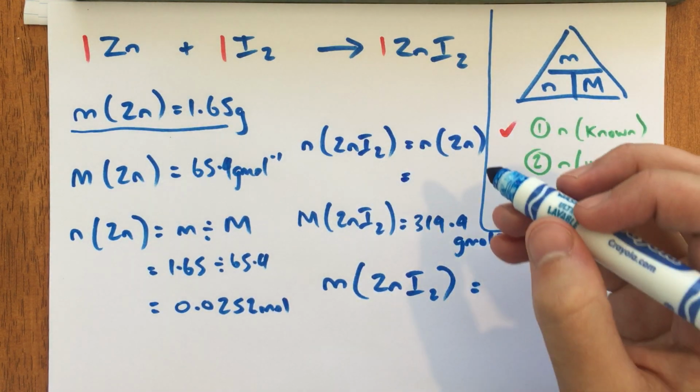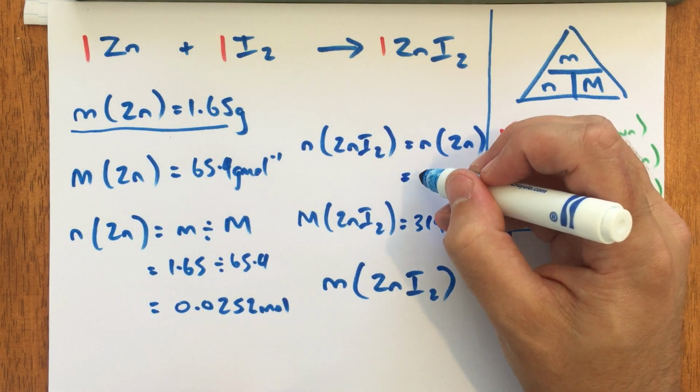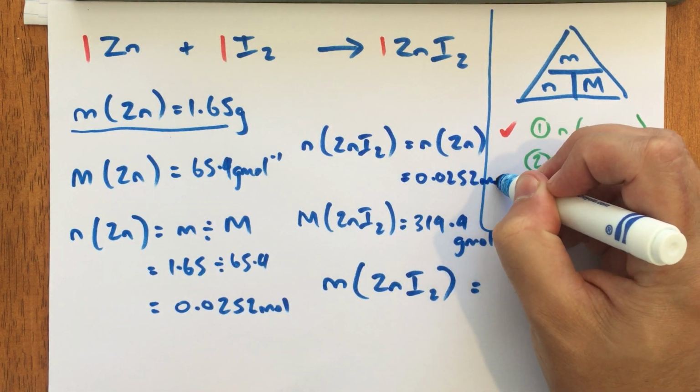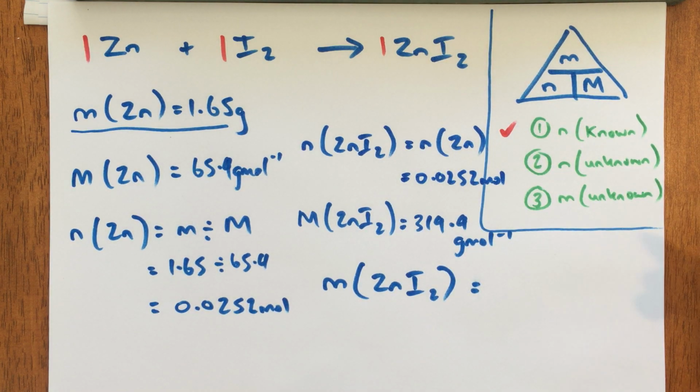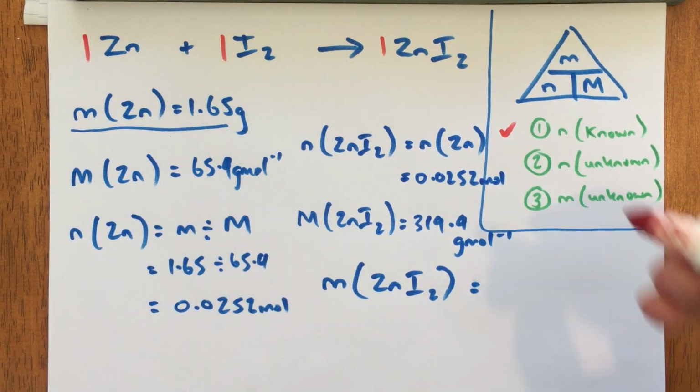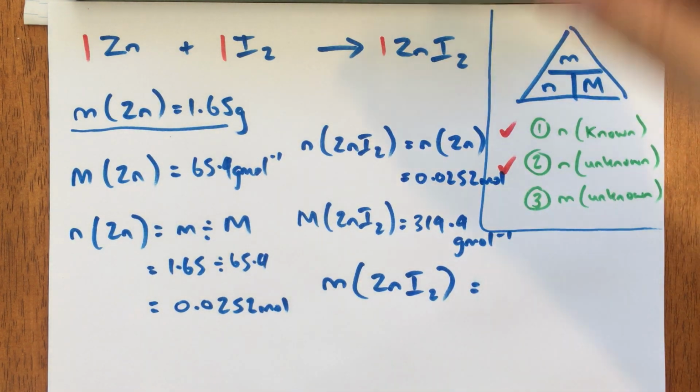So that's going to mean my number of moles of zinc iodide is also 0.0252 mole. That is step number 2 completed. I now have the number of moles of my unknown. Moving on to step 3, find the mass of my unknown.